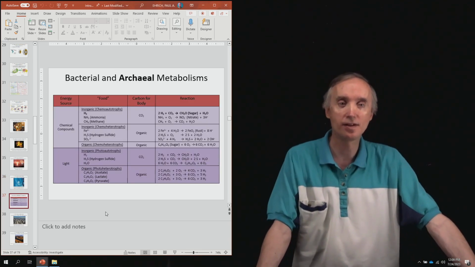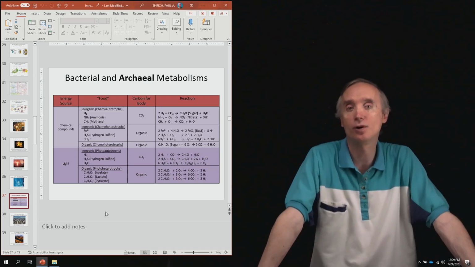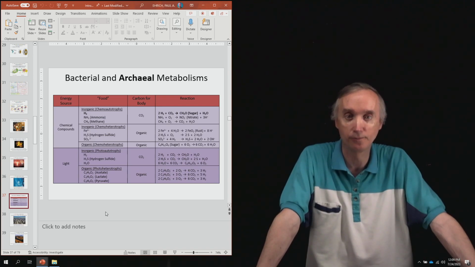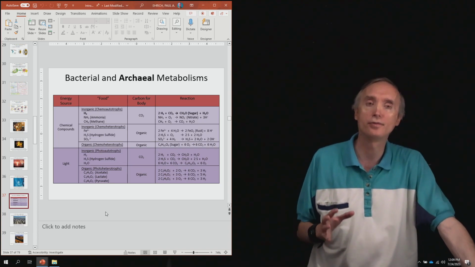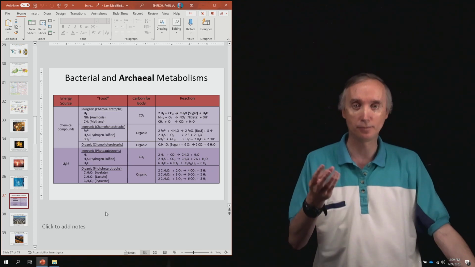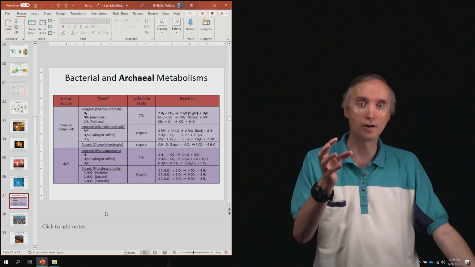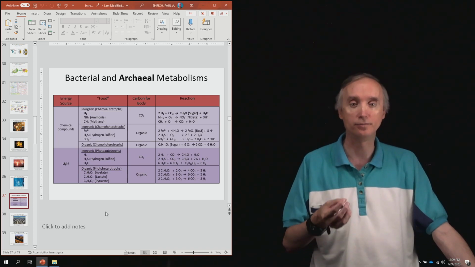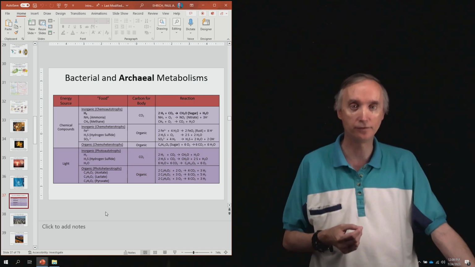So this slide here, again, I just want to show you that there are all sorts of different kinds of bacteria, and there are three basic kinds of life. So you have bacterial life, archaeal life, and then also eukaryotic life.